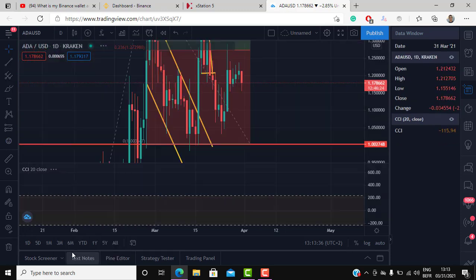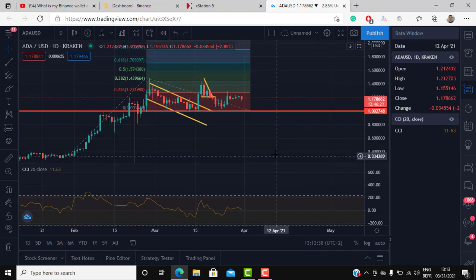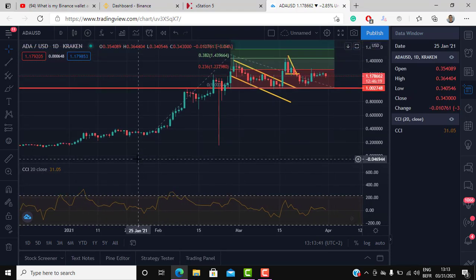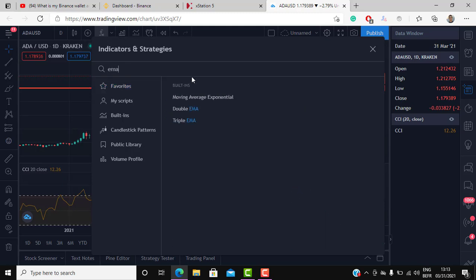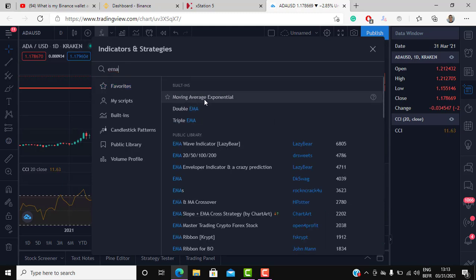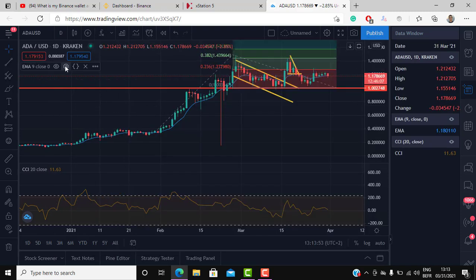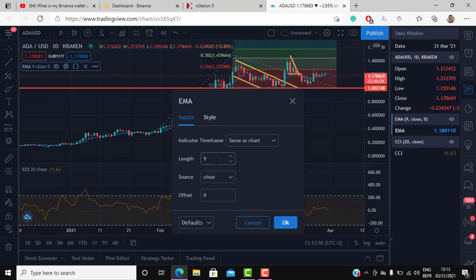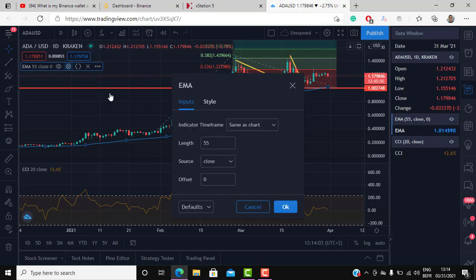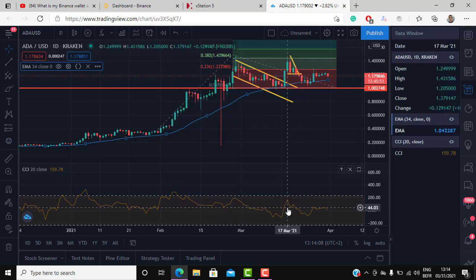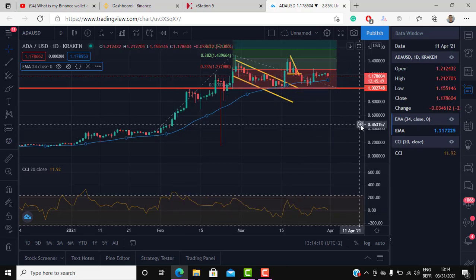We're going to take a look at the daily chart, and as you can see here, we are in a bull market right now. We are in an upward trend at the moment. In fact, if we do add in the exponential moving average of 30, well, let's see, there you go.